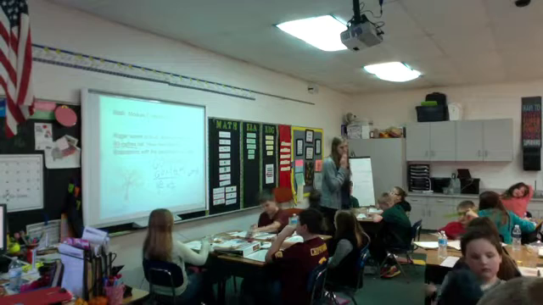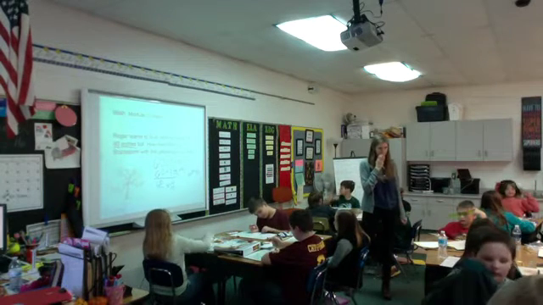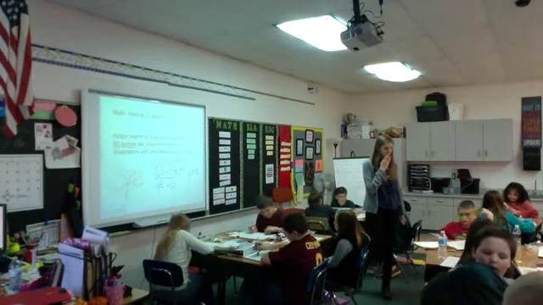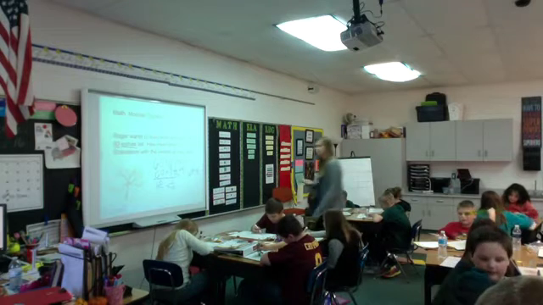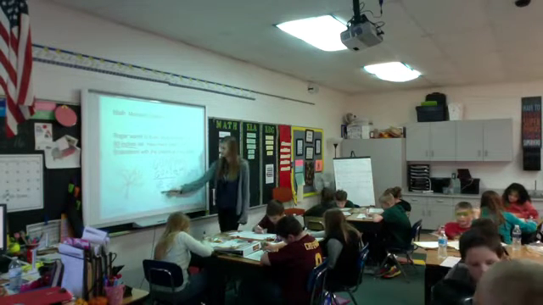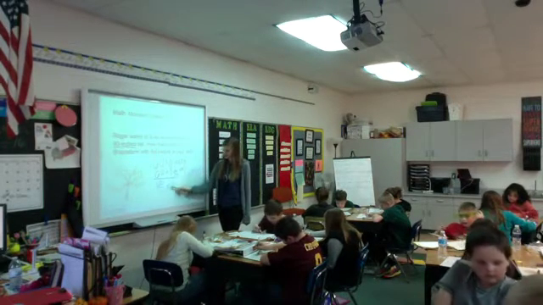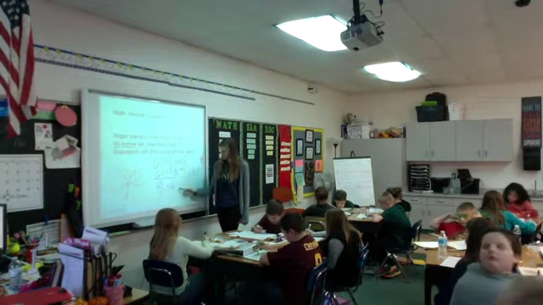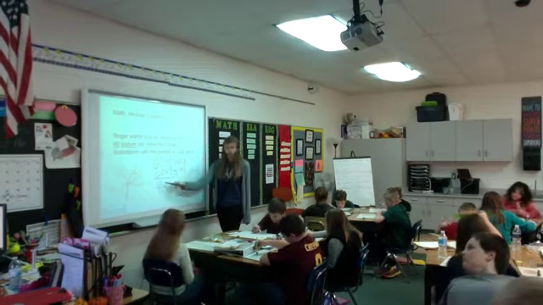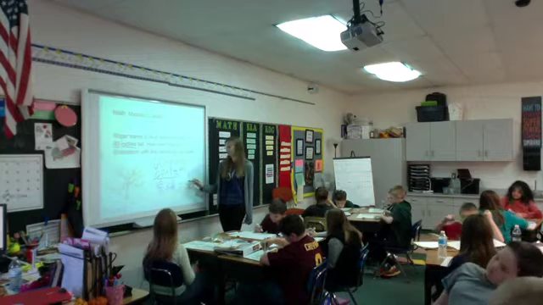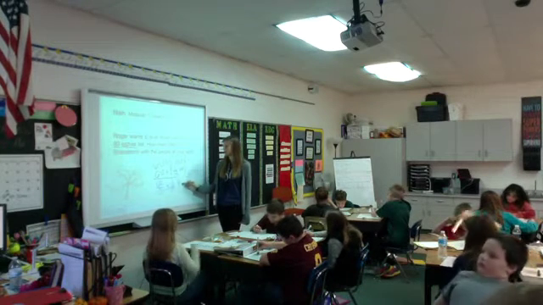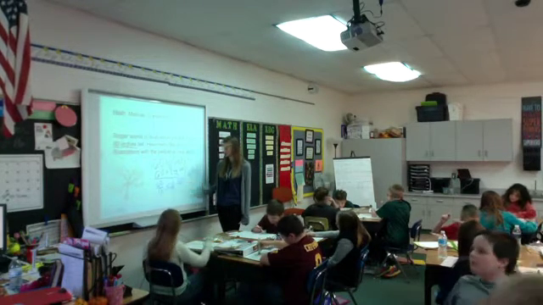Because 1 times 12 is still 12 for the bottom number. Oh, gotcha. So when you multiply these numbers, it's still over 12. And then you did 1 times 60? 60. So 60 over 12.